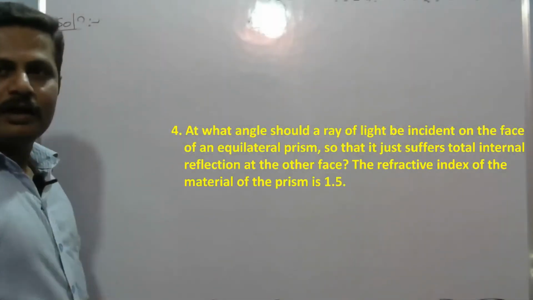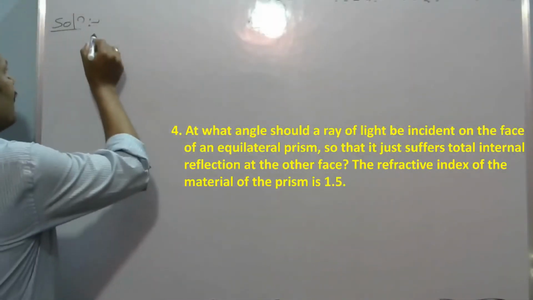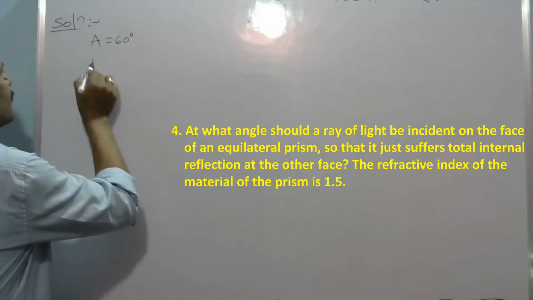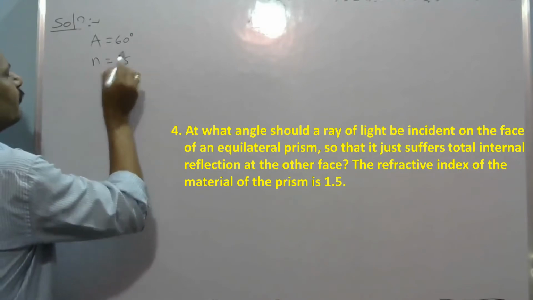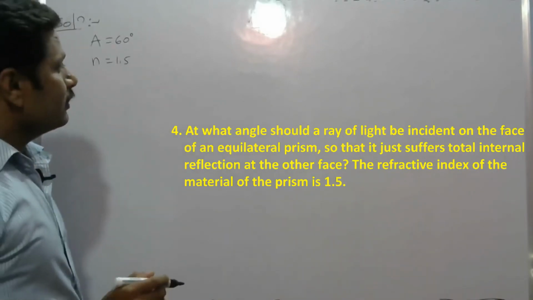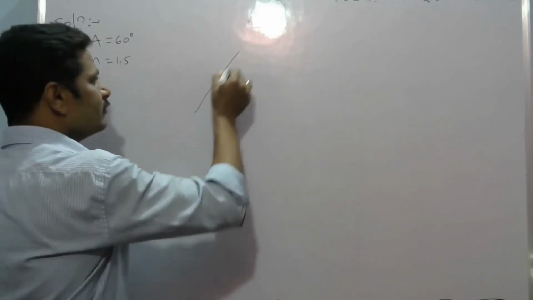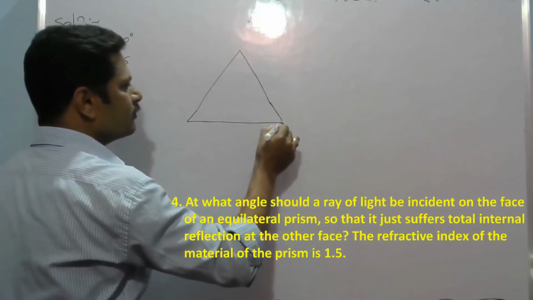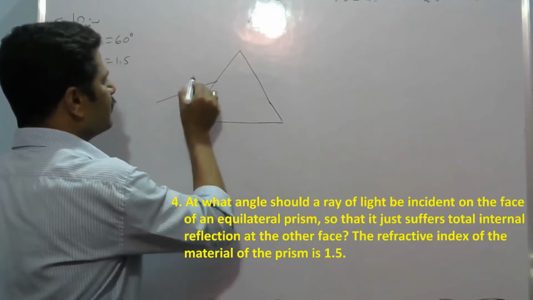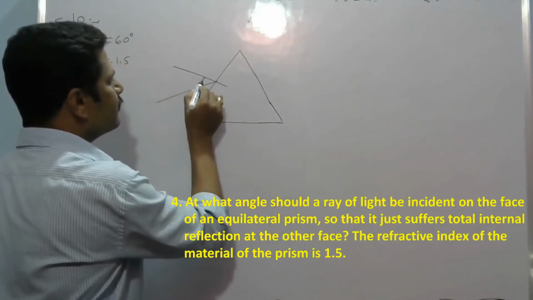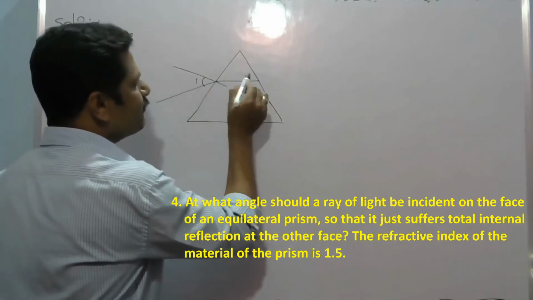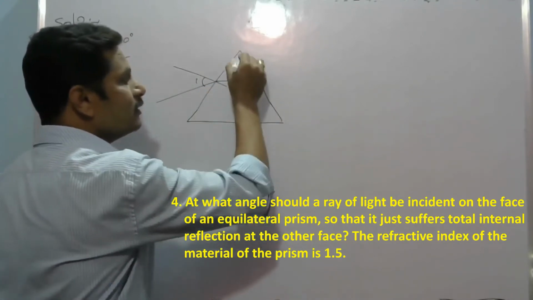In this problem, we have an equilateral prism, that is, the angle of the prism equals 60 degrees, and the refractive index is 1.5. We need to find the angle of incidence for which the light ray just suffers TIR at the other interface.